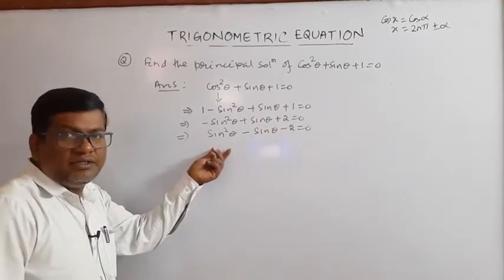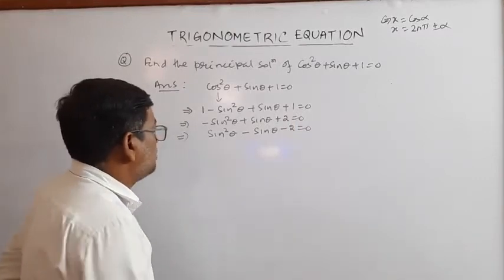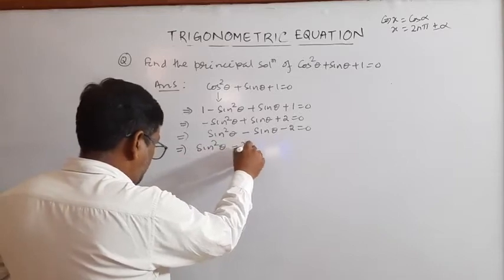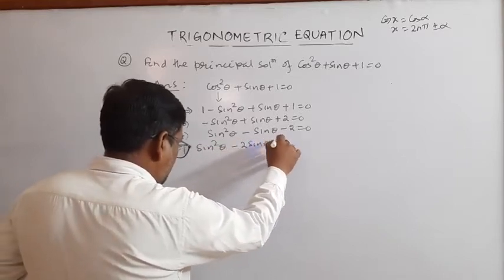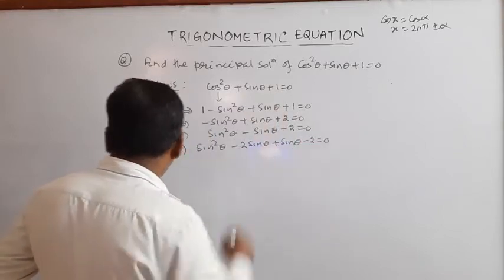Now factorize this. We need two numbers whose sum is minus 1 and product is minus 2 sin square theta. So sin square theta minus 2 sin theta plus sin theta minus 2 is equal to 0.